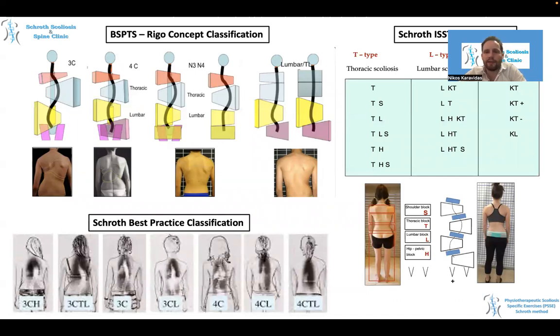These are classifications that are used by the techniques that come from the original Schroth method. So you can see the classification from Barcelona Scoliosis Physical Therapy School, Rigo Concept, is completely different to the Schroth International Scoliosis Treatment and Schroth Best Practice classification.